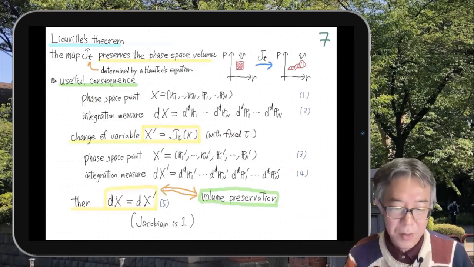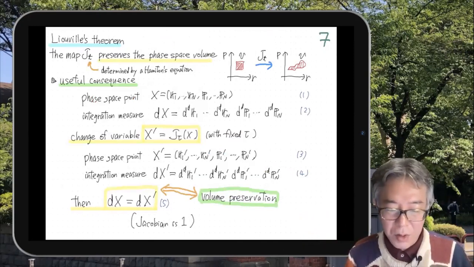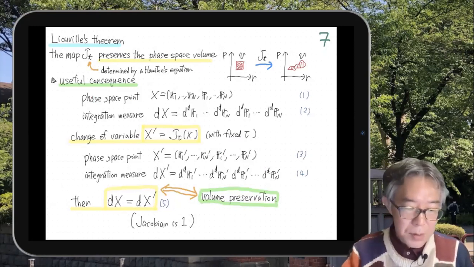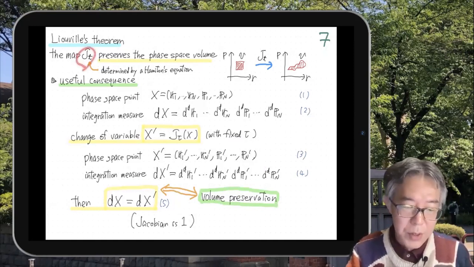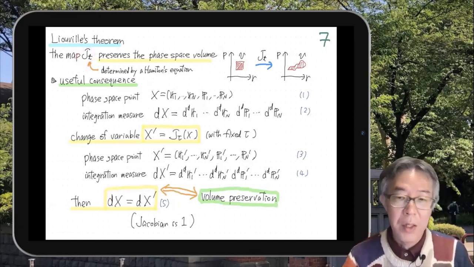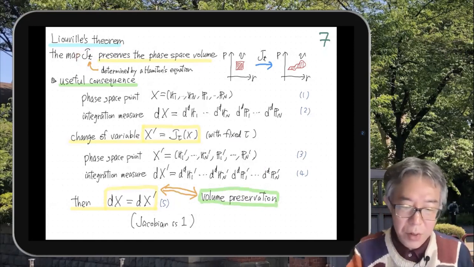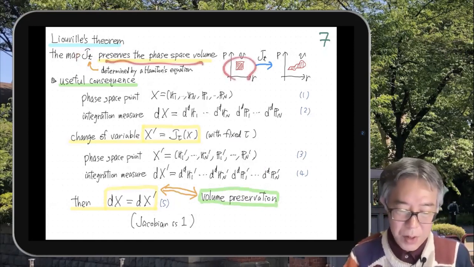So that is Liouville's theorem, and this is how we are going to use it in our lecture. Again, the Liouville theorem says that the time evolution map T_t determined from any Hamilton's equation preserves the phase space volume like this.